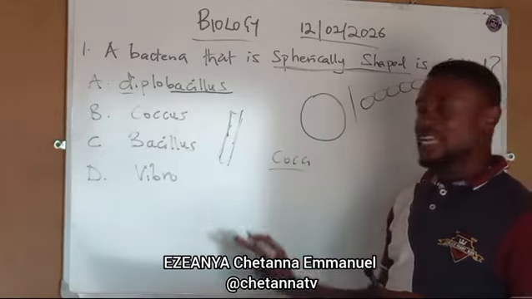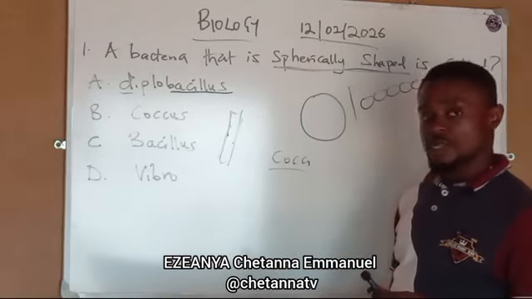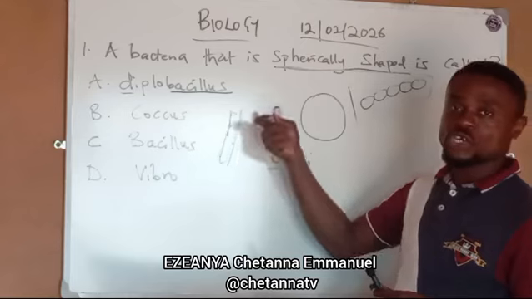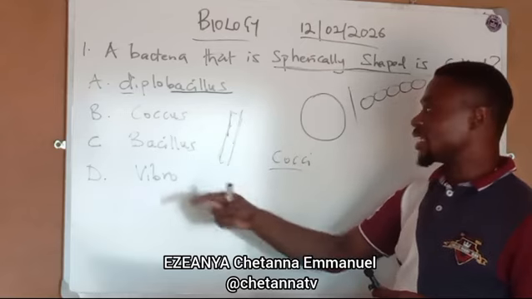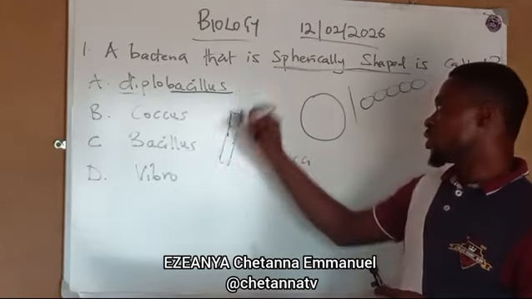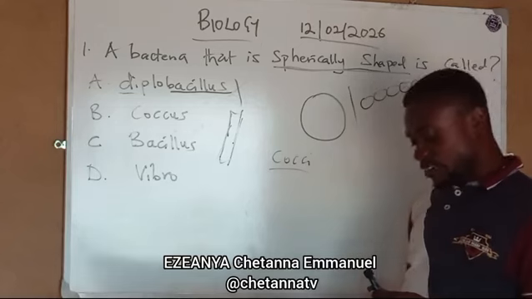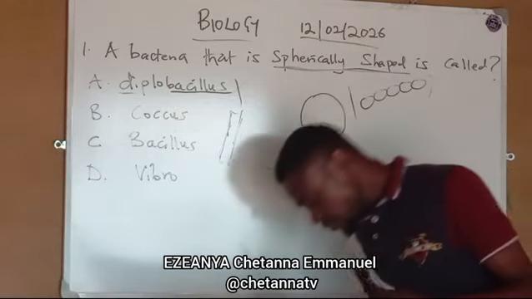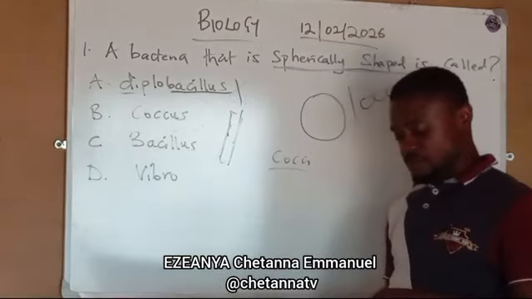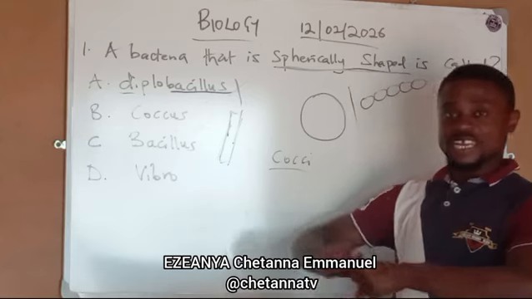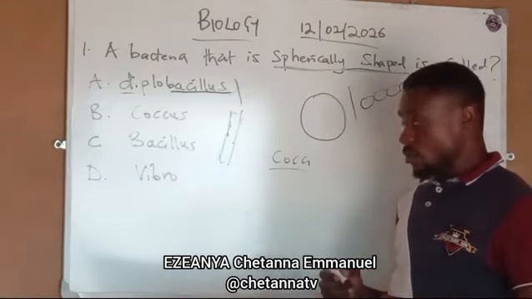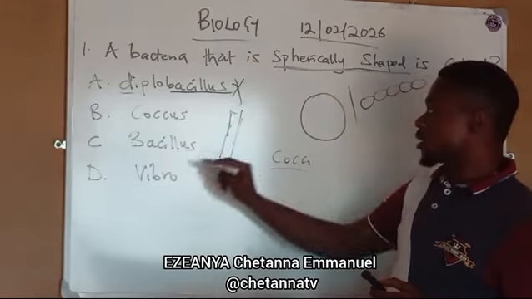So basically the shape is rod, and they appear in pairs. The question says spherical, so this is not the answer.